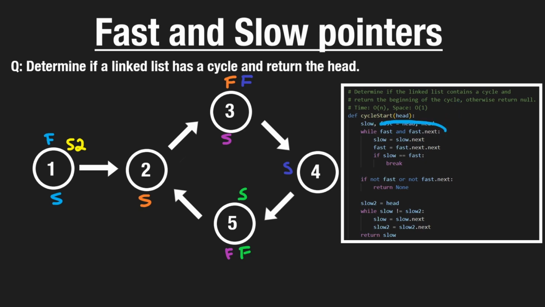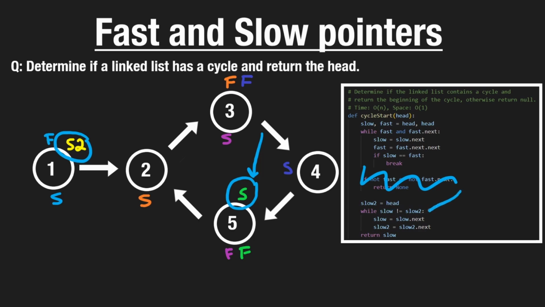So here after that while loop stops, we have a condition to check, did we reach the end of the list? Because if that's the case, then we can just go ahead and return null. But if we didn't reach the end of the list, then we have the second phase that I just talked about, where our original slow pointer is still where it left off, but now we create a second slow pointer at the head of the linked list, and here we keep shifting these 2 pointers by 1 each time until they equal each other.